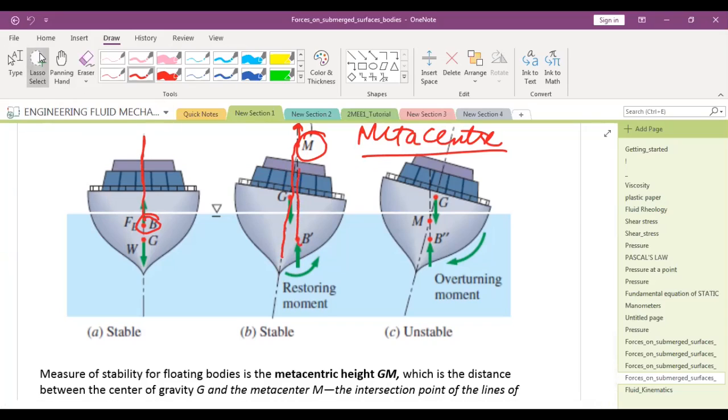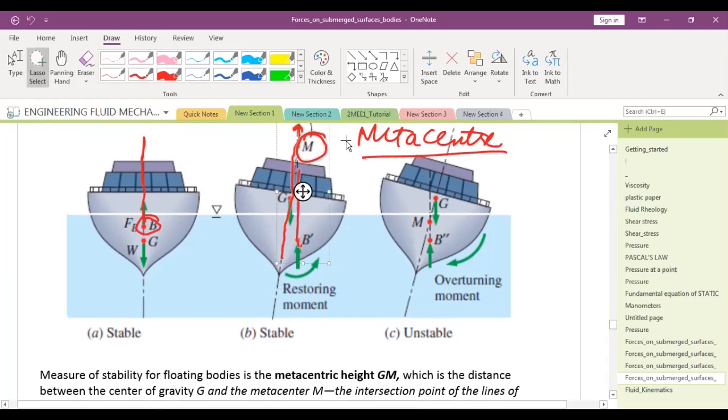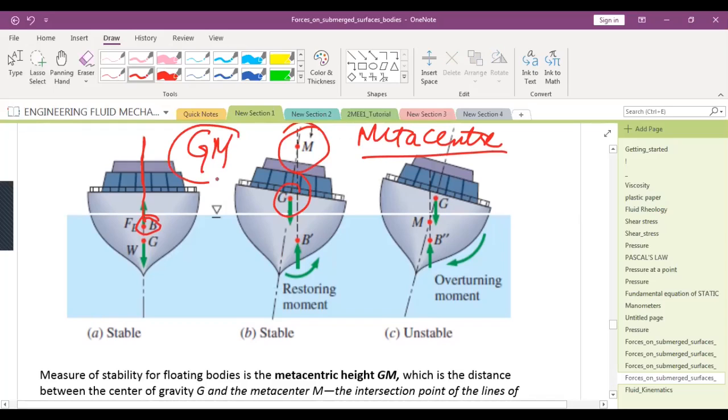Wherever these two lines of action meet, that point is called the metacenter. And the distance from center of gravity to metacenter, that is GM, is called the metacentric height.